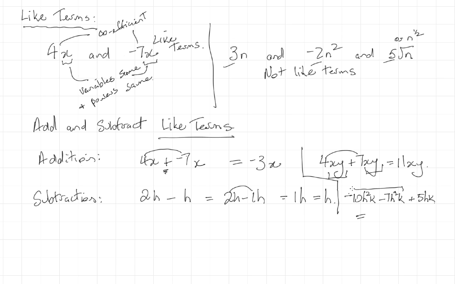Well, the two like terms are these two. hk is different because these are both h squared k's and this is an hk. So our answer will just have a 5hk at the end. We can't combine it with this. And then if you take 10 and take another 7, you're actually taking 17h squared k. And that's as far as you can go with that one. So like terms can be added and subtracted. Only like terms. We just saw in this one, if you've got unlike terms, you've just got to leave them out.